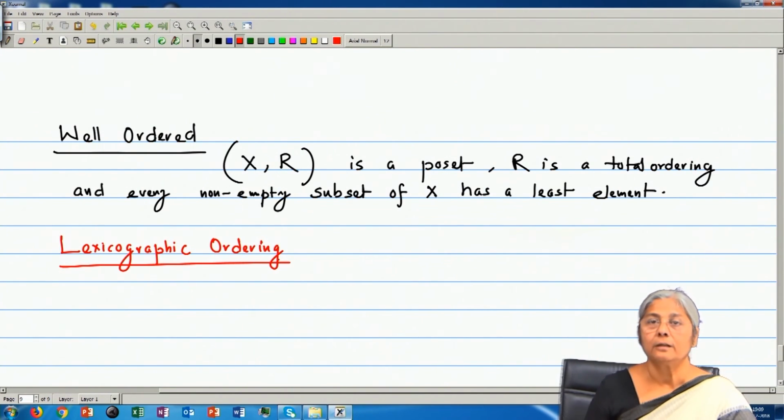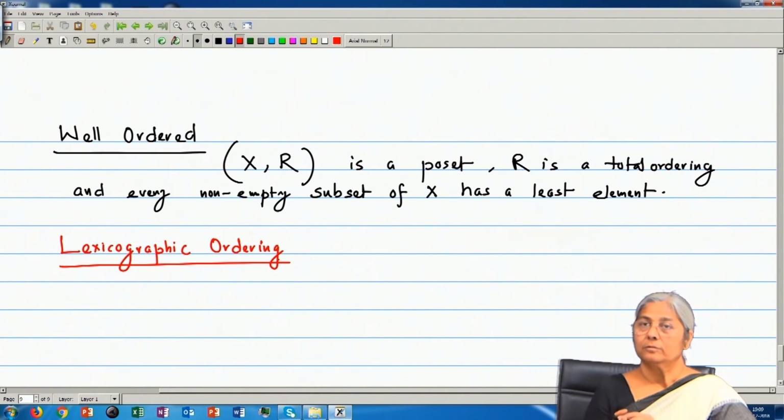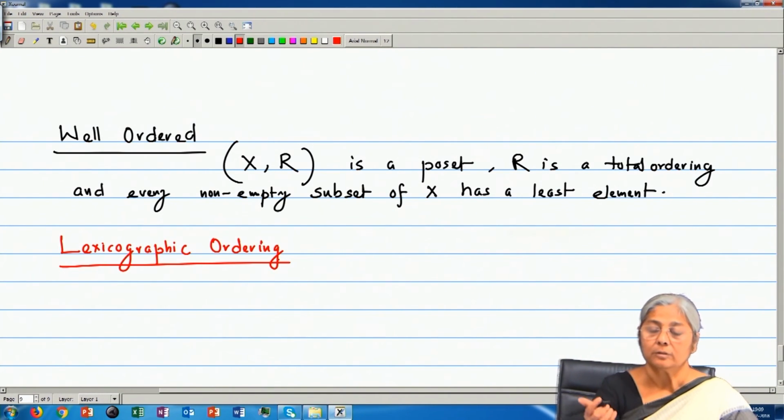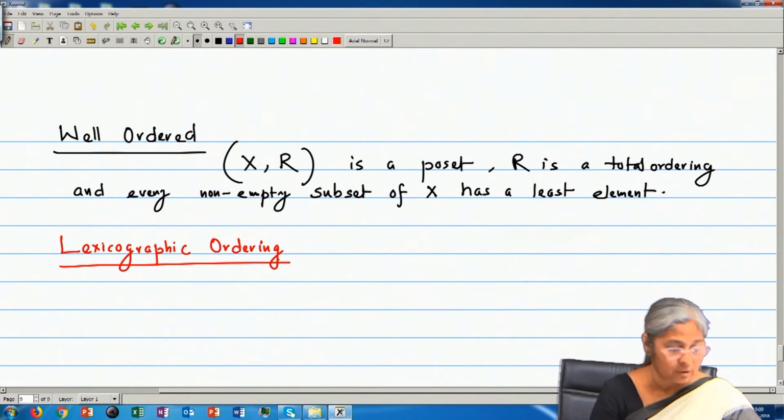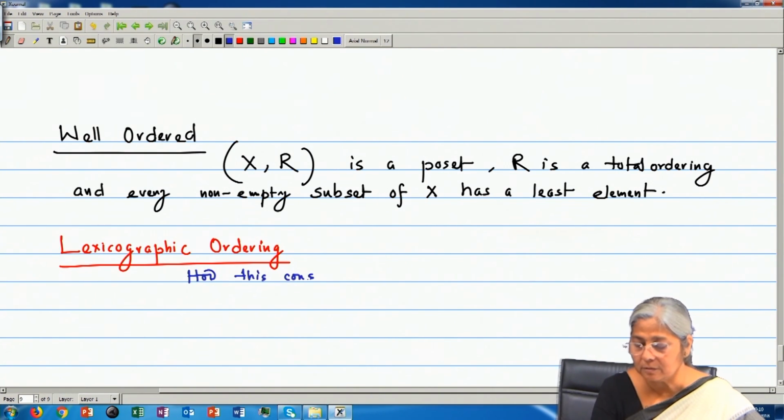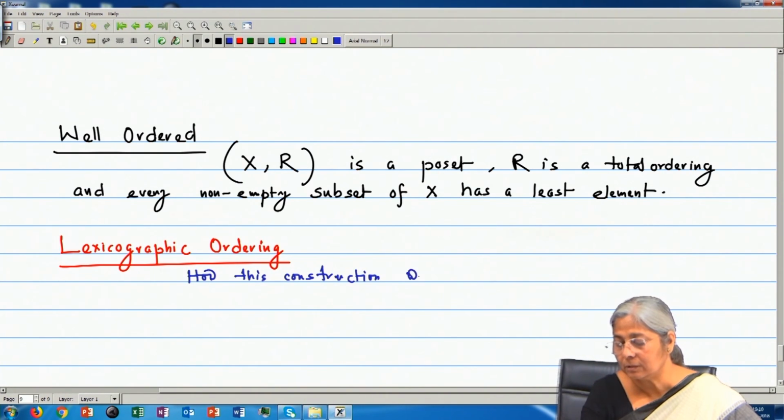All of us know that in a dictionary the words normally appear according to the ordering of their letters, and we can show how these constructions work in a POSET.